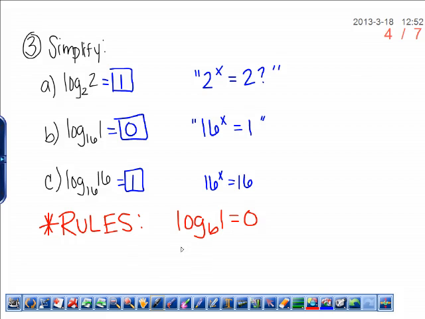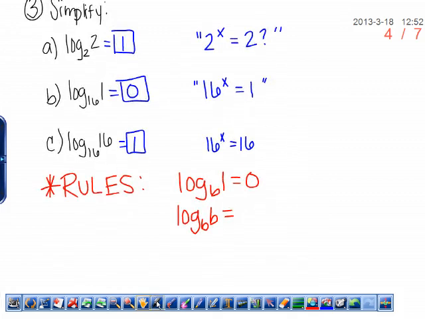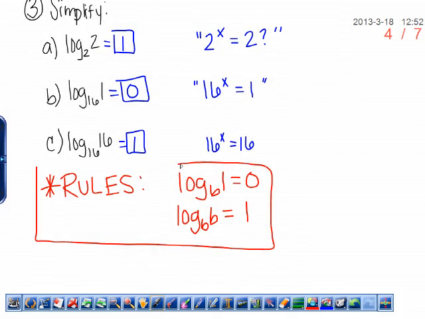Good. If you have log base b of b, that is always going to be equal to 1. These are really good rules to memorize. Any questions on those? All right.